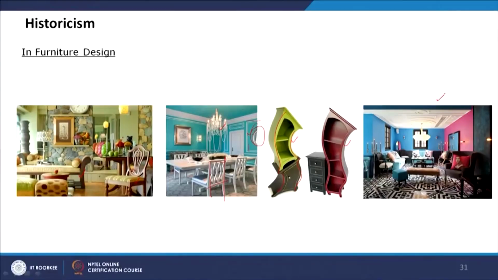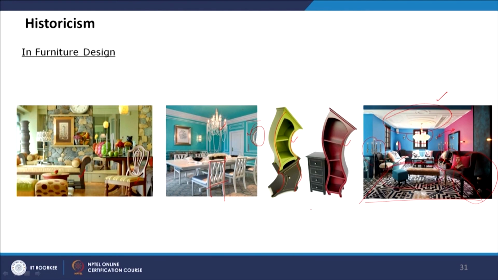The similar concept of historicism can be seen in furniture design. If you look at this example, the chandeliers, this candle stand and many of these furnitures are taking inspiration from history, even the false ceiling work, but the color choice is very pop and postmodern, and this kind of flooring pattern is taking inspiration from history but is very contemporary in nature.